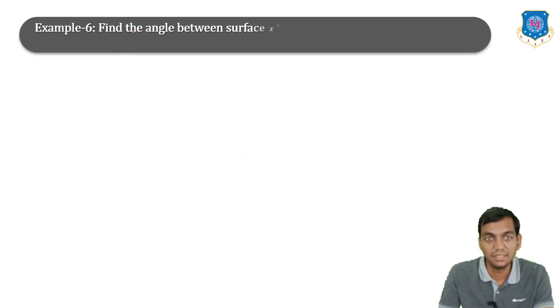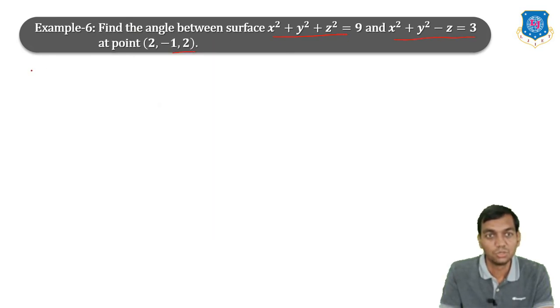Now, find the angle between these surfaces at the given point. So again, if you have to find the angle, then you have to find the angle between the normal vectors, because we cannot find the tangent vectors. For tangent, you require the parametrization, and the parametric form of these curves is not known.